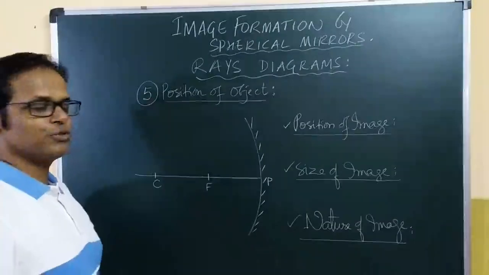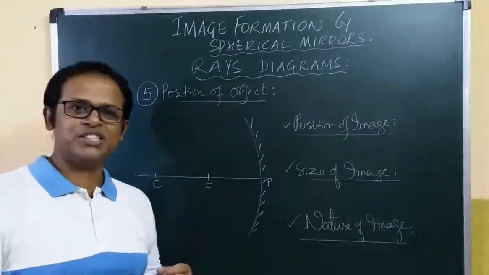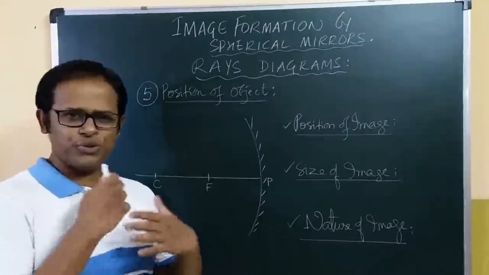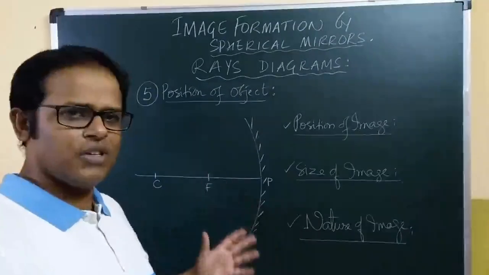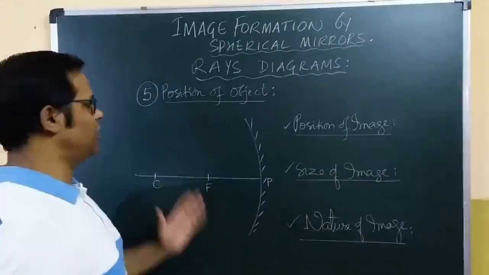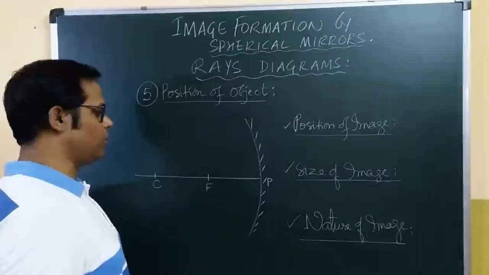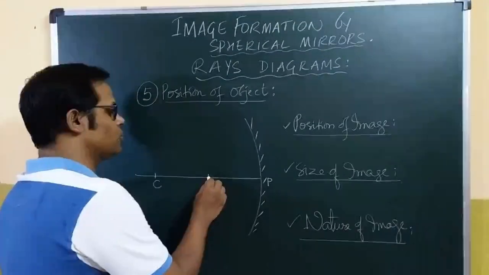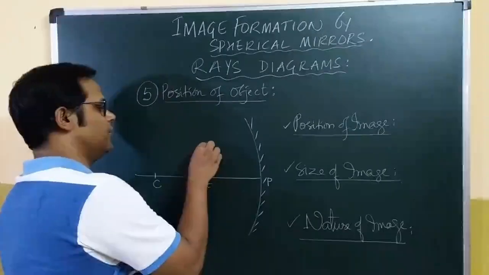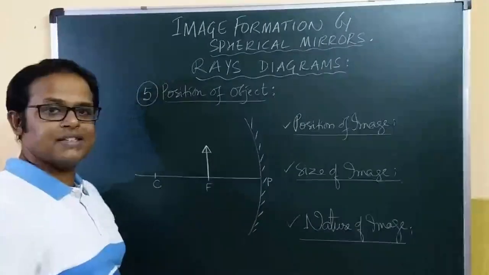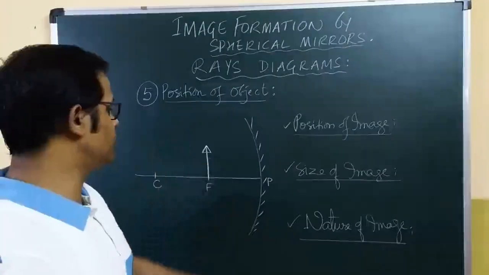Let's learn how to draw the fifth position of the object. The fifth position of the object, as I used to say very familiarly, we'll keep in our head as the fifth position, but in fact, the naming of the position of the object will be: now I'm going to stand somewhere really close to the mirror, at a very special point for a spherical mirror called the focus of the mirror.